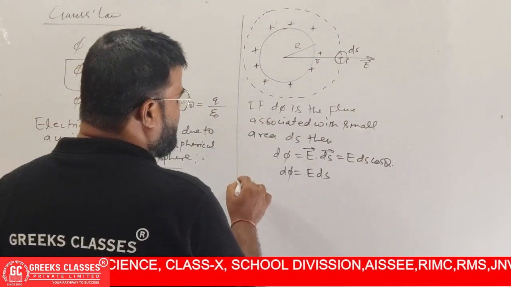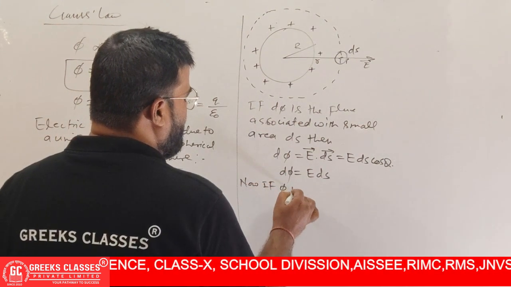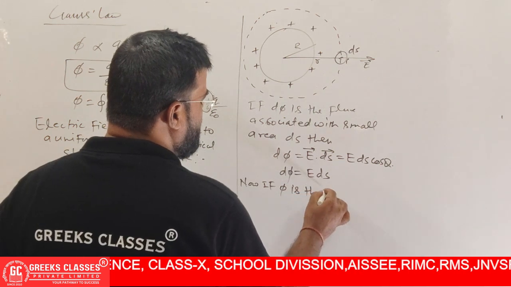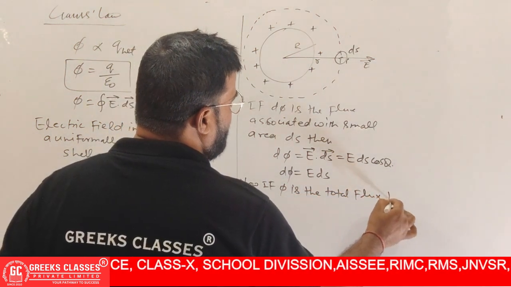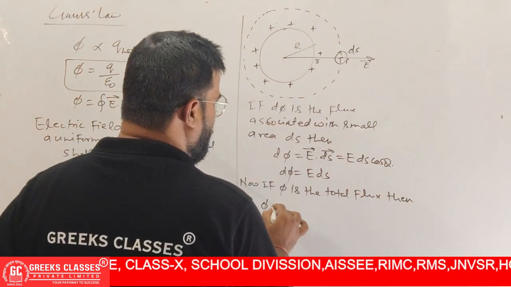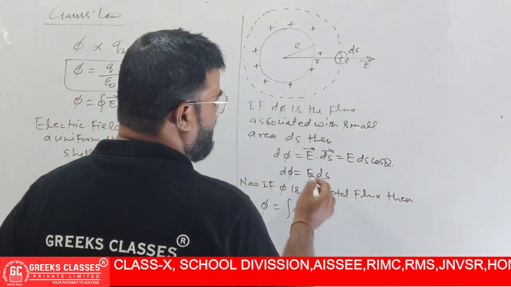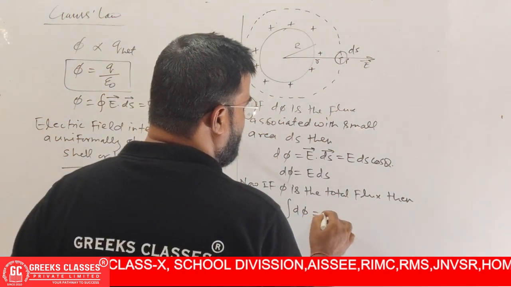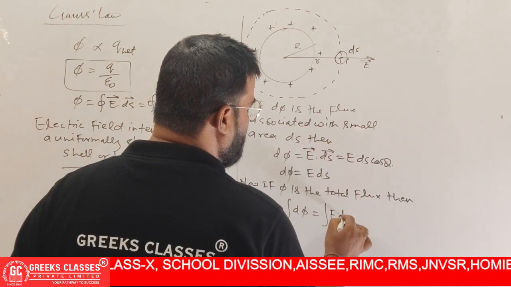Now if phi is the total flux, then we can write phi equal to integration of d phi. So what is integration of d phi? It is integration of E ds, right?